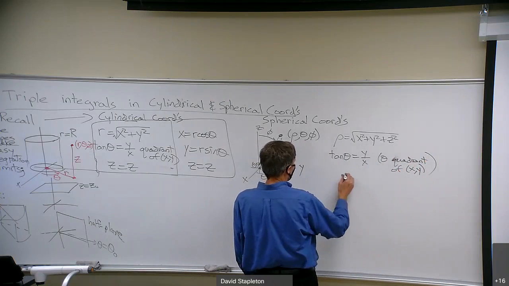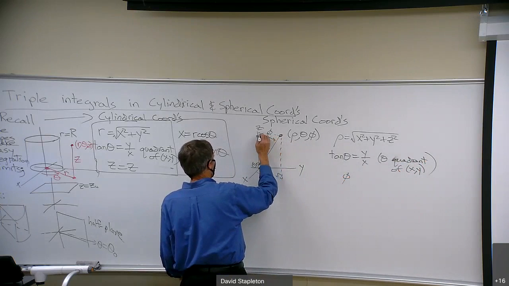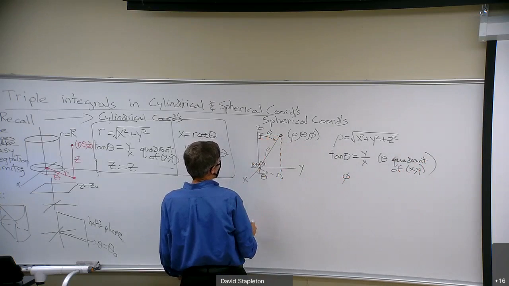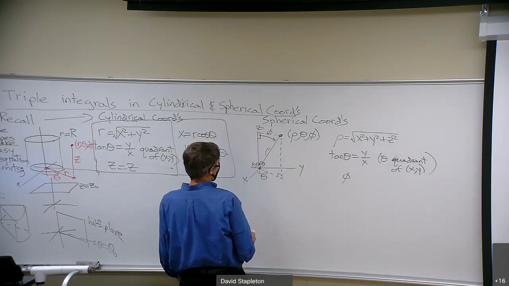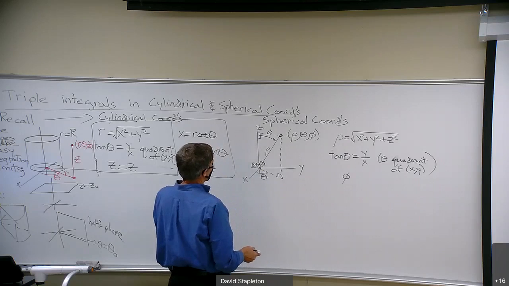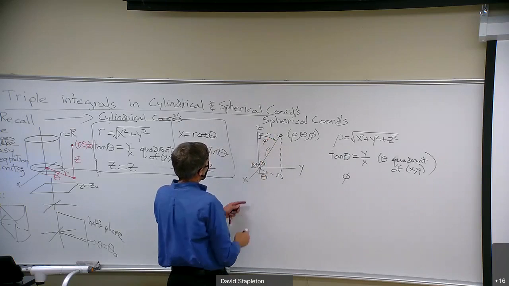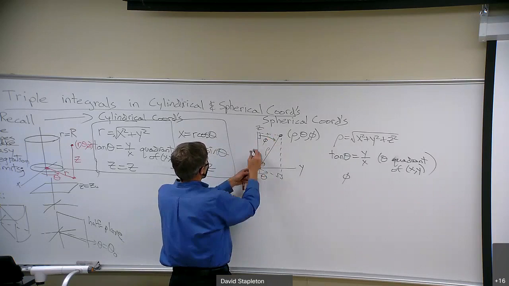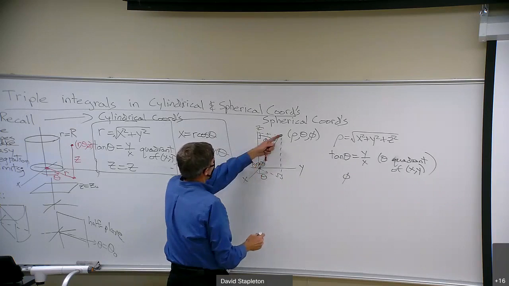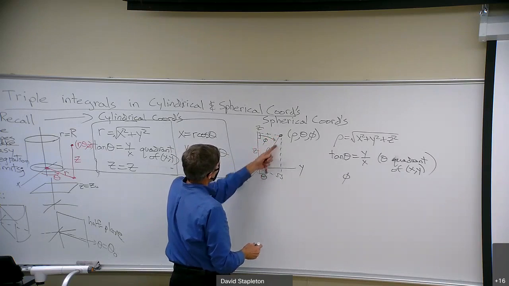And then phi, if you look at this diagram, drop a perpendicular back to the z-axis. You notice that the cosine of phi, here's phi, is this, which is the z coordinate, the adjacent side to phi, over the hypotenuse rho.